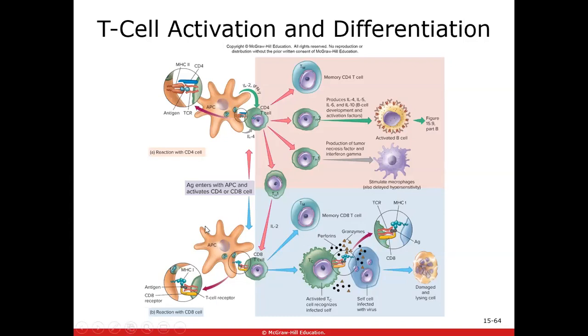And so when the dendrite or the macrophage eats the antigen and breaks it up and puts the antigen on the surface, the T cell that has that antigen receptor goes and starts this whole process where it can go into memory T cell, activated T cell.